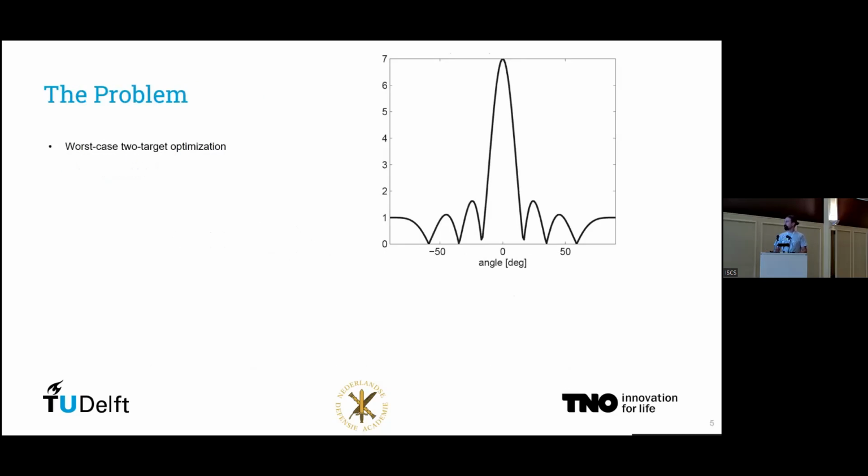So, okay, the problem. I'm going to start with why worst case two-target optimization. So in general, when people do matched filter design or specifically mismatched filter design for radar, and they don't know much about the number of targets or the clutter, one thing that can be a very interesting metric to look at is integrated side lobe level or peak side lobe level.